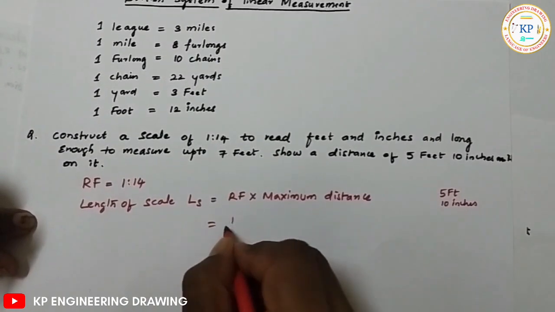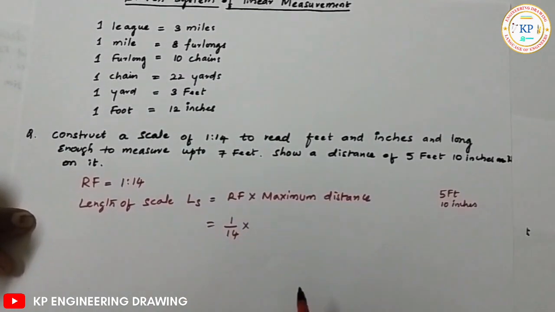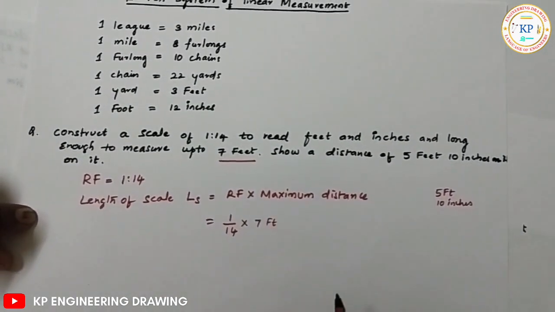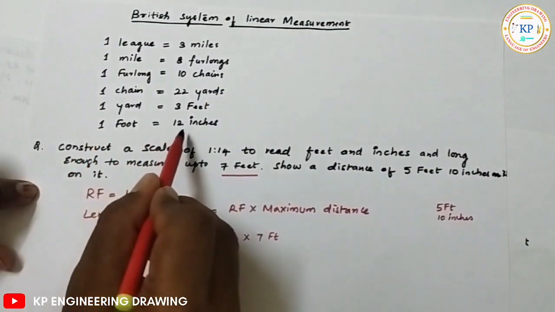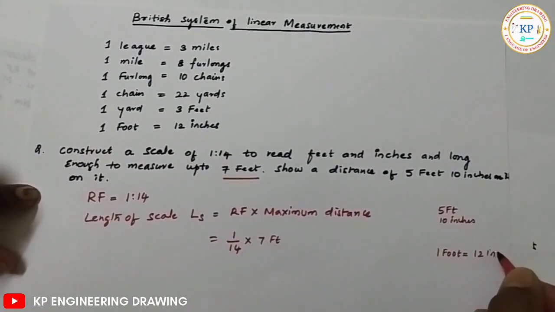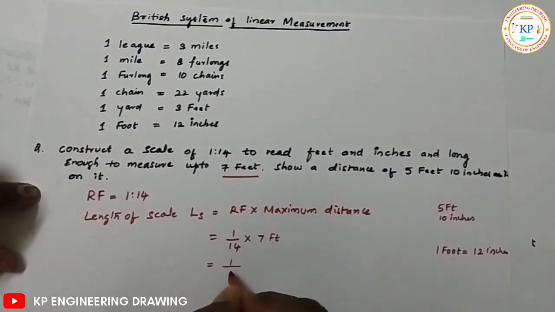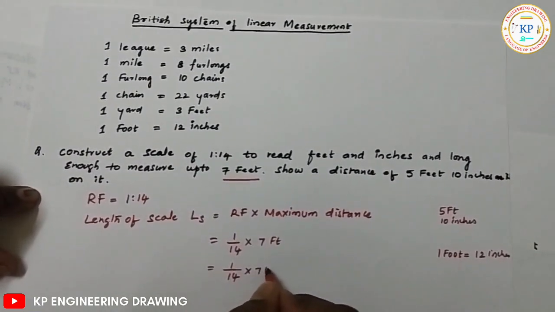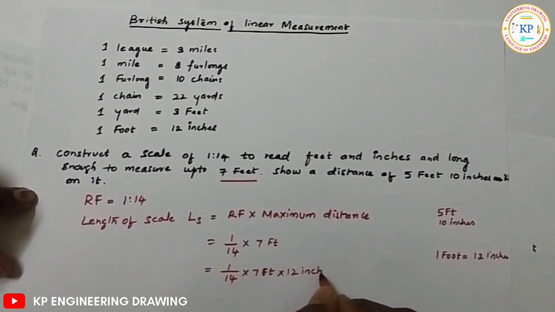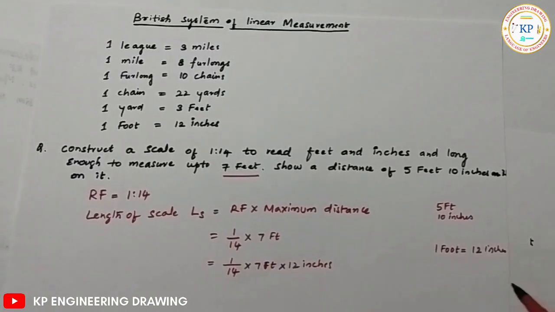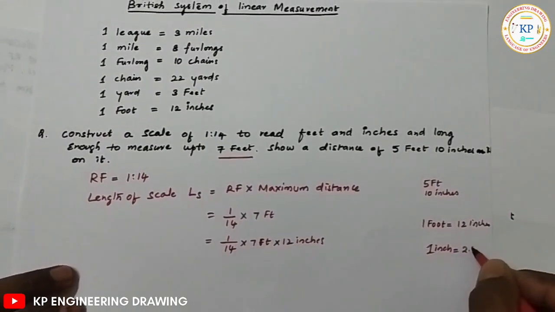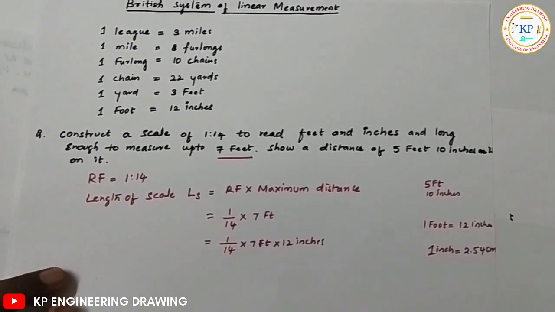So RF is given in the problem as 1/14, into what is the maximum distance? Maximum distance is 7 feet. In the conversions you see 1 foot is equal to 12 inches, and 1 inch is equal to 2.54 centimeters.